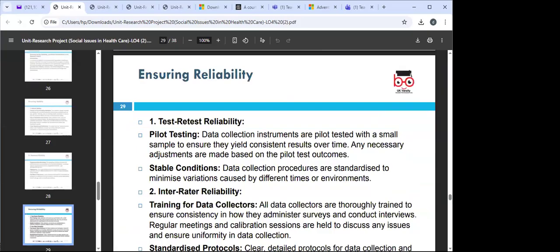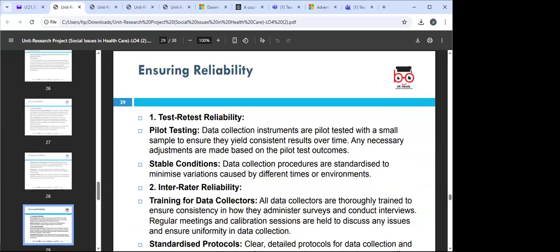Ensuring reliability. Test-retest reliability. Pilot testing, stable conditions. Data collection instruments are pilot tested with a small sample to ensure they yield consistent results over time. Any necessary adjustments are made based on the pilot test outcomes. Stable conditions.